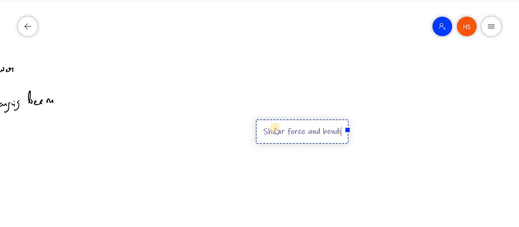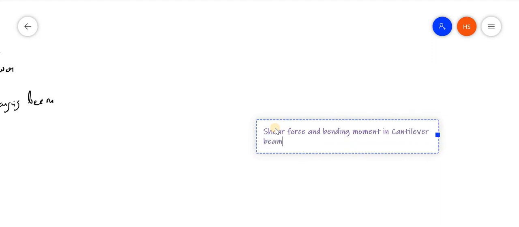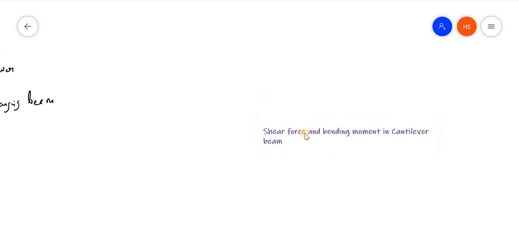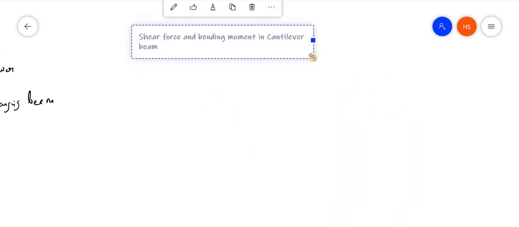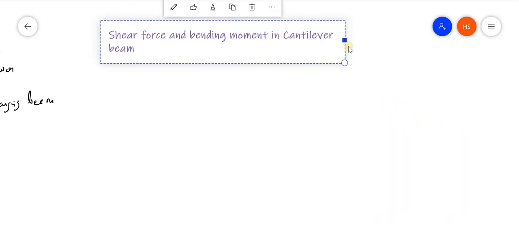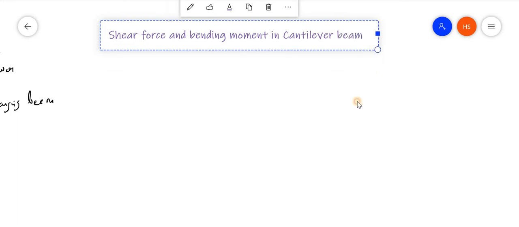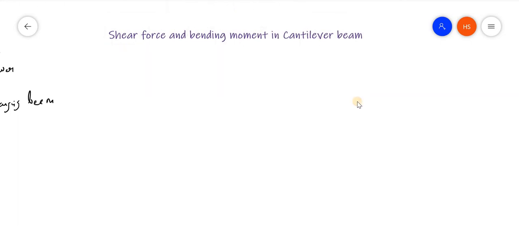Now we are going to discuss how we can find out the shear force and bending moment in a cantilever beam.